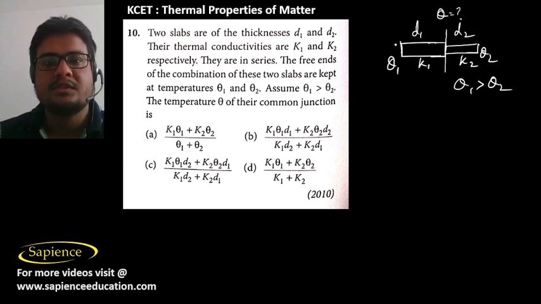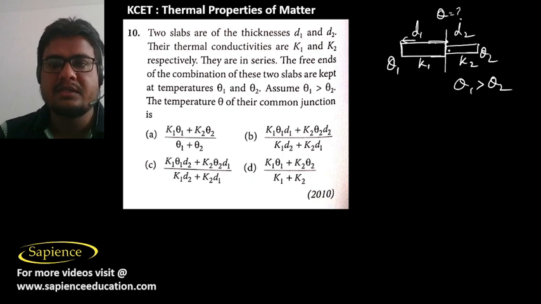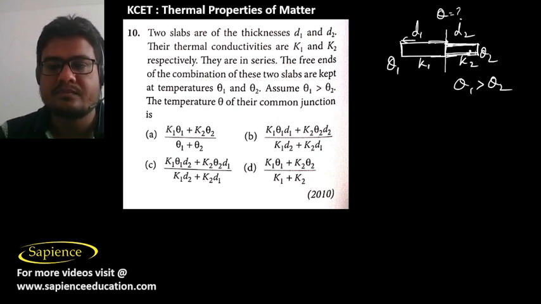So the thicknesses are d1 and d2. Let's say their area of cross section should be assumed to be the same, since nothing is mentioned about their area of cross section. So we should assume that the area of cross section is the same for both.